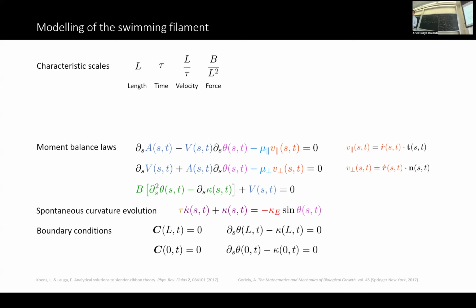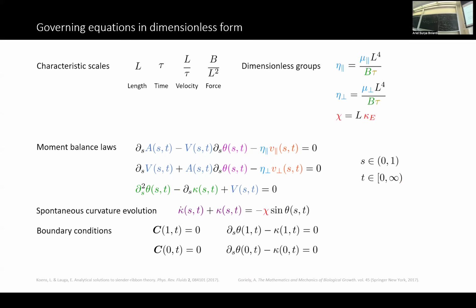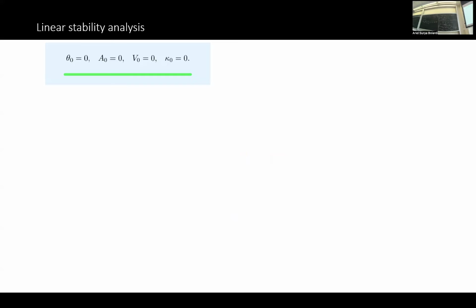To make things simpler, we reduce the number of parameters to identify some characteristic scales for the physical quantities. By introducing these three dimensionless parameters, we can recast the governing equations in a form which only depends on 3 instead of 4 parameters. Then we identify again the trivial equilibrium solution and perturb it with a small amplitude perturbation.